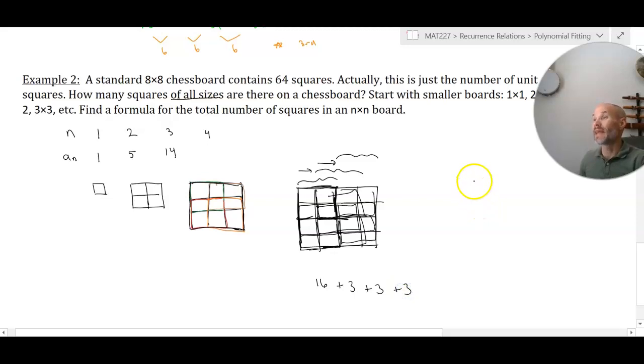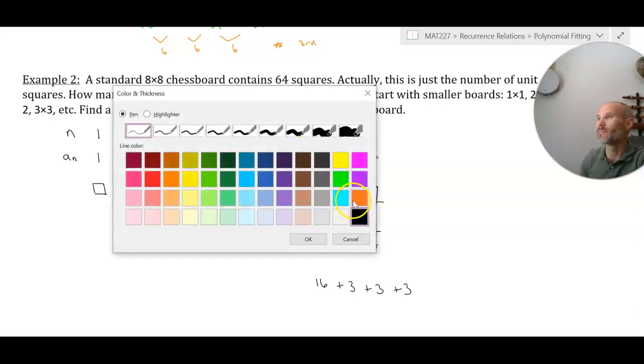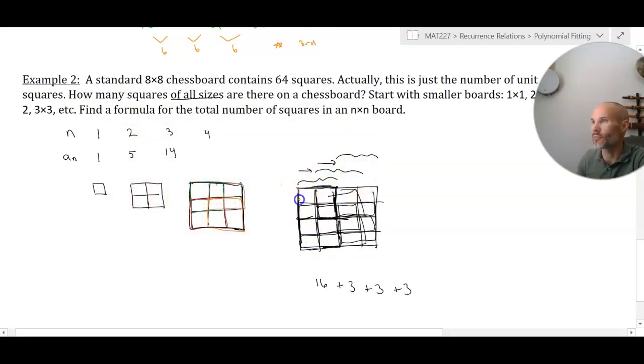All right, now we can also have 3x3s inside of a 4x4. So you can see this gets a little bit more elaborate. So let's see how many 3x3s I have in this 4x4. Here's 1, starting at the top left corner. Now I can shift that down 1 row, and there's a second one.